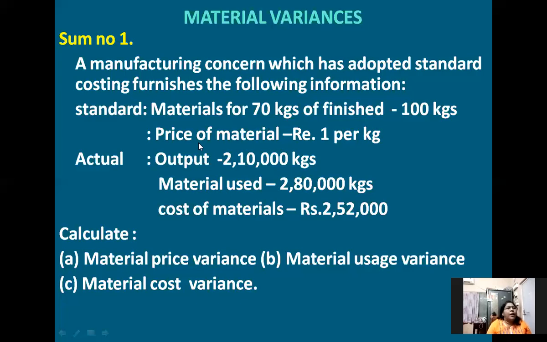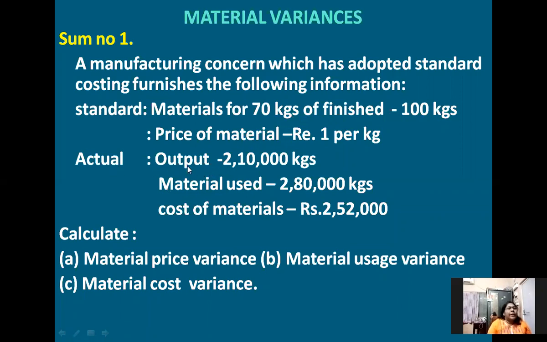So regarding standard, we have only two pieces of information: the price per kg and the material requirement for 70 kgs of product. The 70 kgs of finish represents the output. For producing 70 kgs, we need 100 kgs of materials.